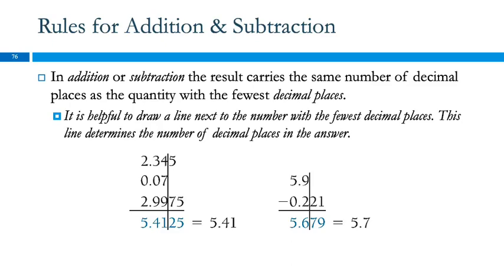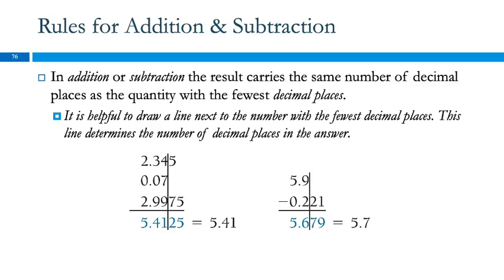So adding, subtracting is a little different. We're looking at the answer has the same number of decimal places as the quantity with the fewest decimal places. Okay, so there's a couple of different ways you can look at this. One way is to stack them up like you were going to do this without a calculator.